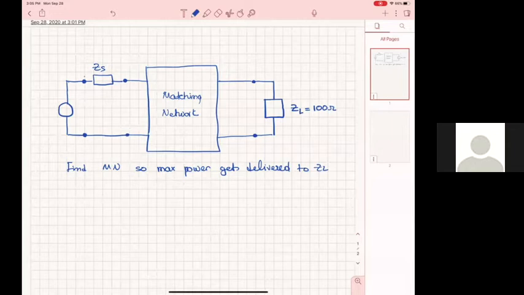And assume at this point that ZS is 50 plus j35. I could give you something else. Let me make it different: 50 plus j120.